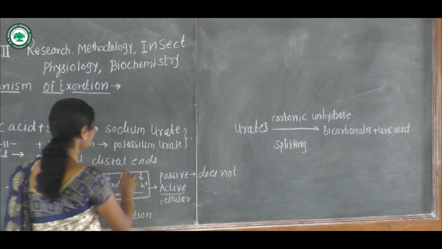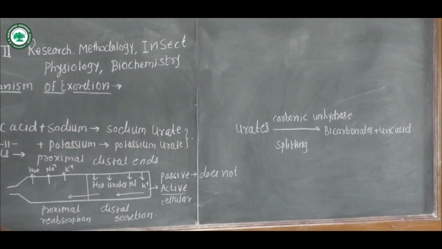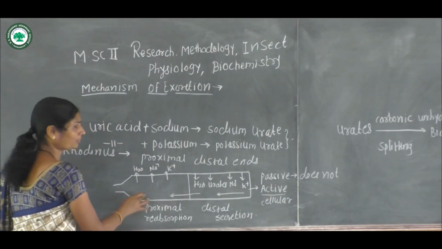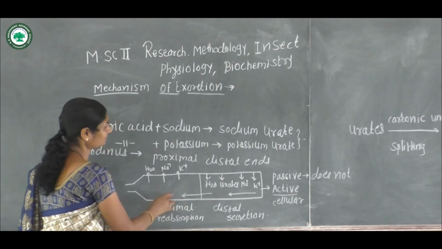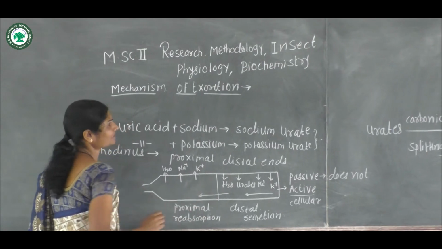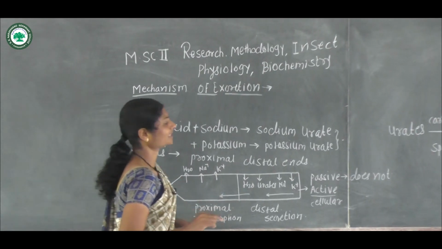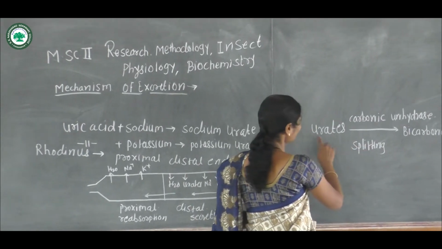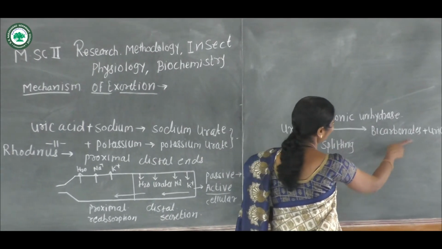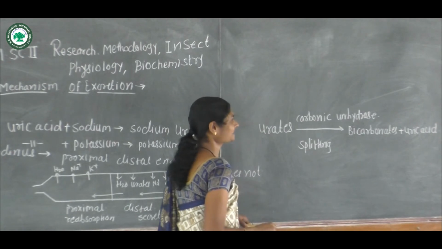These urates are transported from the distal end to the proximal end, and during transportation the Malpighian tubule epithelial cells secrete carbonic anhydrase, and urates split into bicarbonates and uric acid.